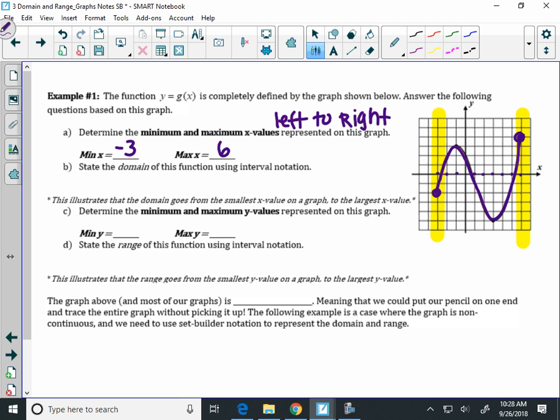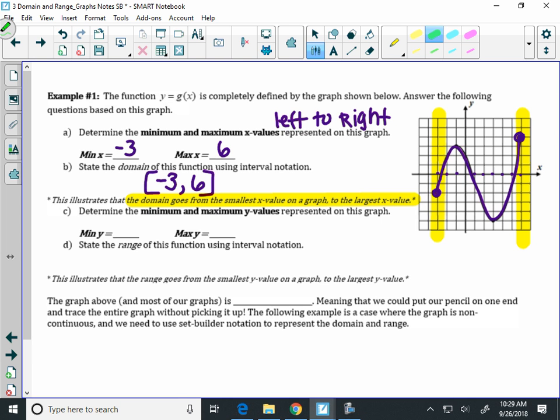So using interval notation, I'm going to say my interval is from negative 3 to 6. Those are all the x's in between. And because there are full closed dots on either end, I'm going to put a square bracket around that interval. So this illustrates that the domain goes from the smallest x value to the largest x value on a graph. Now let's talk about y values.